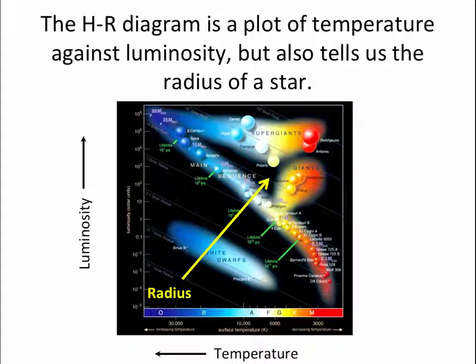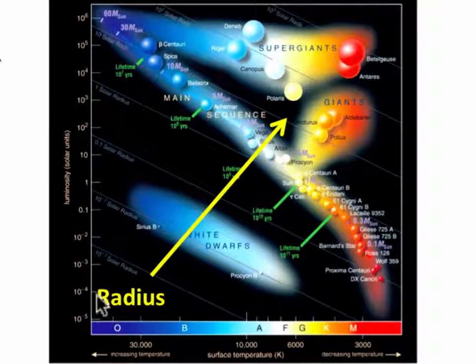So as we already said, on the Hertzsprung-Russell diagram, we can read off the radius of the star, that as you go from the lower left to the upper right, you go to larger stars, from small stars to large stars. These diagonal lines here are lines of equal radius. So stars along these lines would have almost the same radius. And what you can see is that main sequence stars, they vary somewhat in radius, but not a lot.